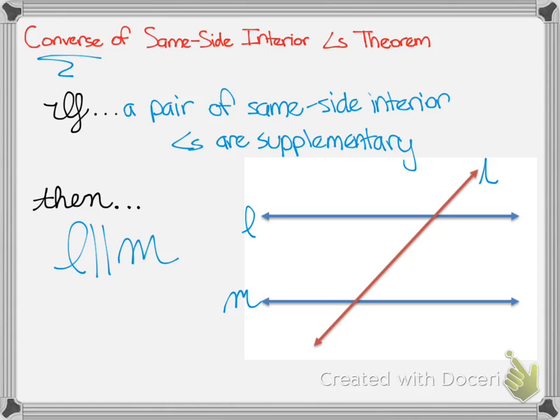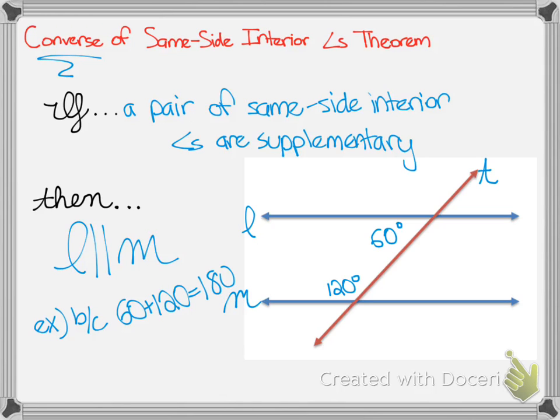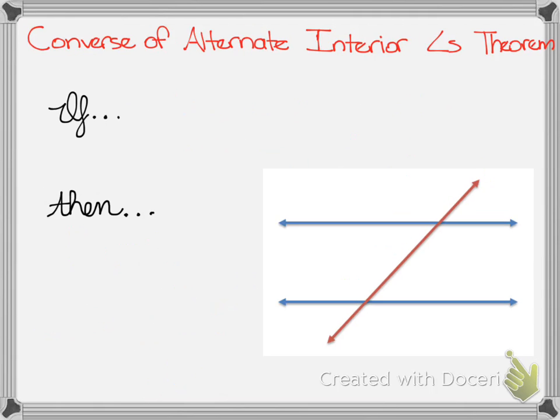We'll call this one T. That's our transversal. So let's say, for instance, that this one is 60 and this one is 120. Well, because 60 plus 120 equals 180, and those are same-side interior angles, we know that L is parallel to M. So we are using what we know from last section to prove that lines are parallel, just the converse.